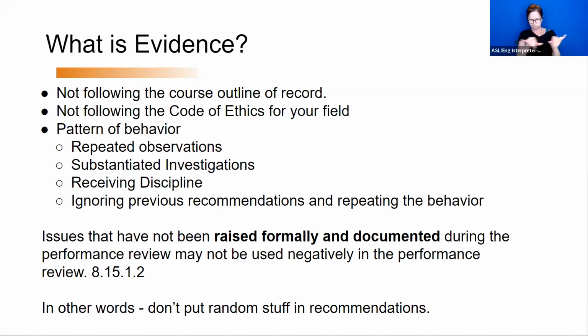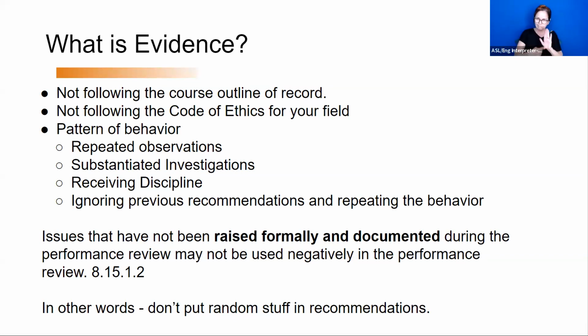Substantiated investigations. This is really important because we've grieved and won major grievances when unsubstantiated reports and investigations are mentioned amongst the reviewers prior to the final findings of the investigation. So it's really important that it needs to be a substantiated investigation if it's going to be brought in at all.